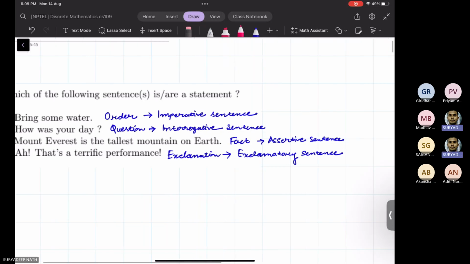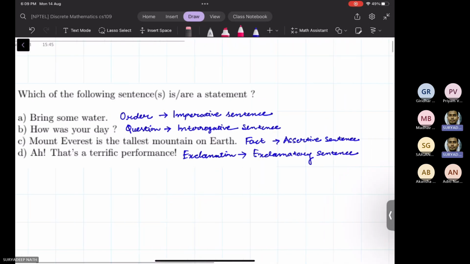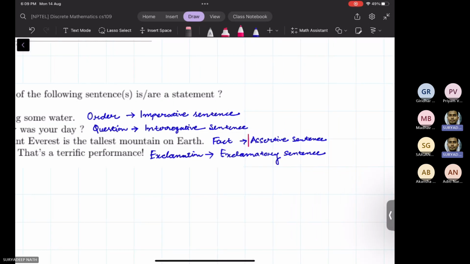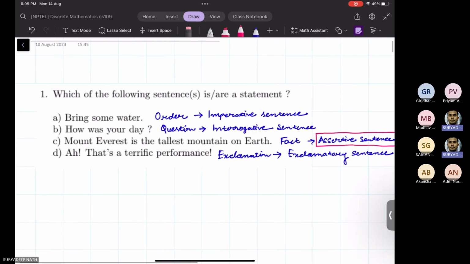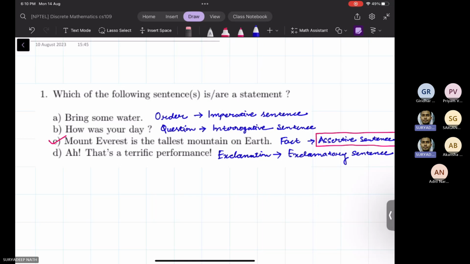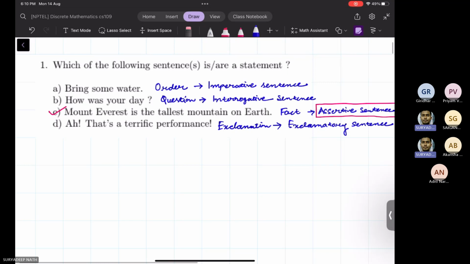Now, of all the four types of sentences, assertive sentences are what is known as statements. So the right answer for this question is C. Just stating a fact is a statement. Others are not statements. They are different kinds of sentences. I hope this is clear.